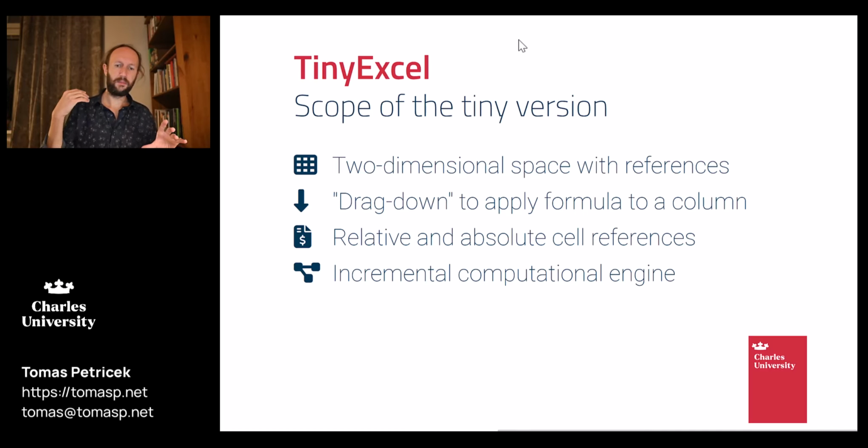And we will implement some of the interesting aspects of spreadsheets, mainly this drag down operation that lets us generalize a formula to an entire column or over multiple rows. We will implement these relative and absolute cell references using the dollar sign to make sure that the extension works correctly.